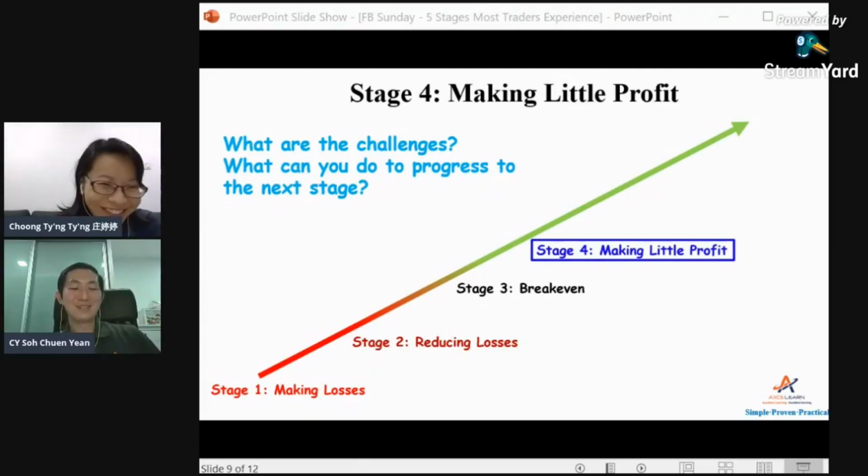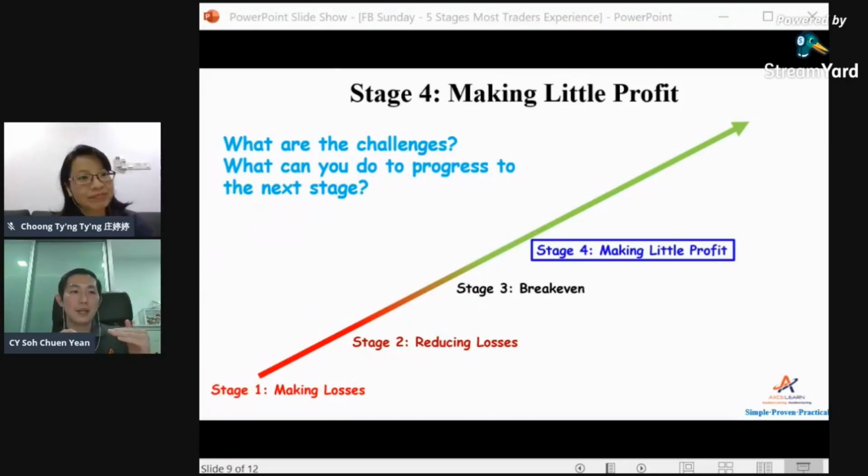You continue, don't worry. In making little profit, you're having small gains where you can see that your portfolio is growing bit by bit. Over a series of trades, over a course of weeks or months, you can see your profits.